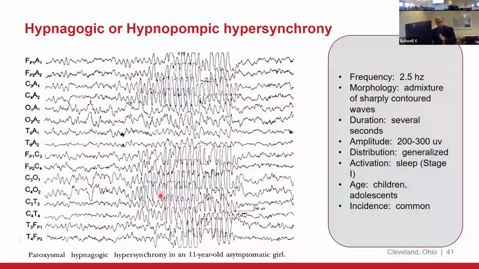Again, totally normal. It's a totally normal variant. It's very slow rhythm. It's delta range, so 2 hertz, 3 hertz, very large in amplitude. It looks scary, but it's not. It's totally normal, particularly when it occurs at this transition stage. So as you see, one of the things here is a lot of this stuff occurs at the transition stage, right as the patient is falling asleep. So it's good to know this.